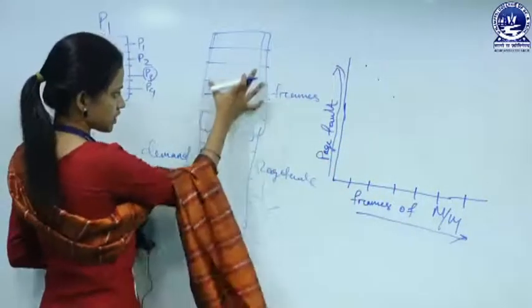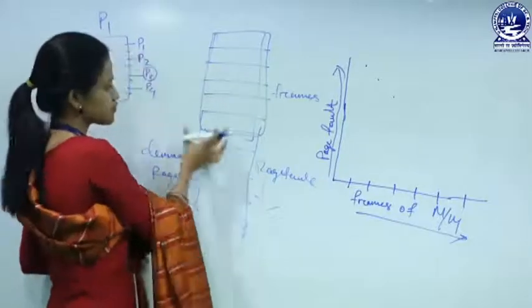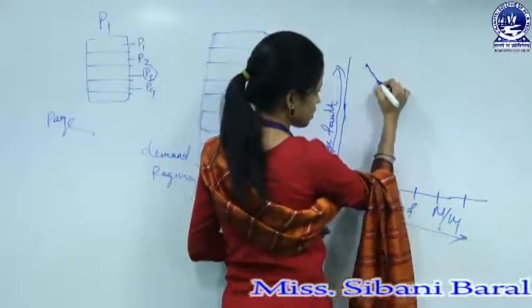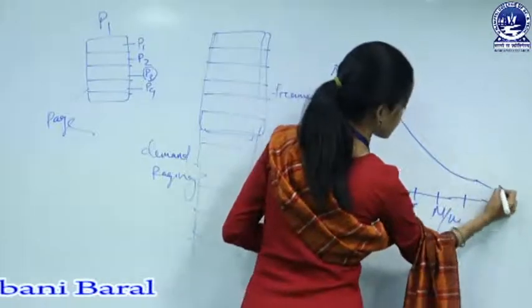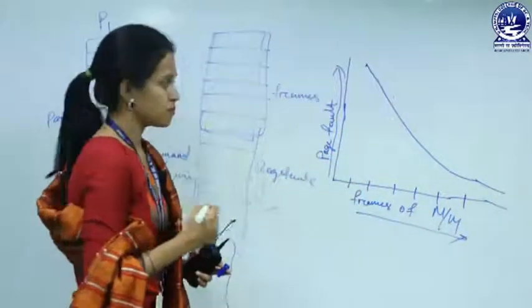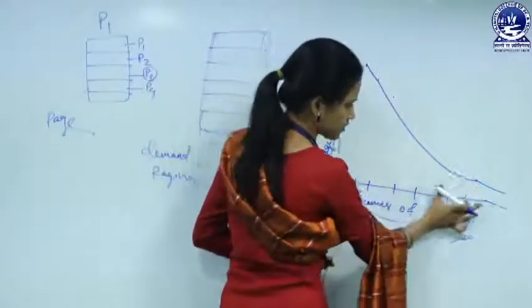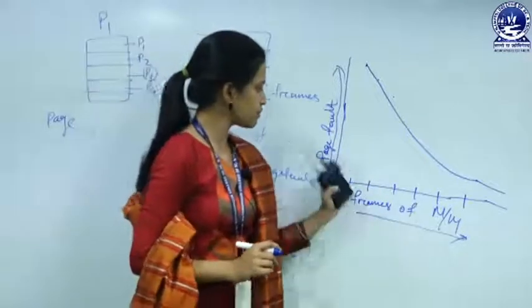When the size of the frames is increased, the page fault would decrease. So our graph obviously would be this type of graph. This is the graph of frames of main memory versus page faults.